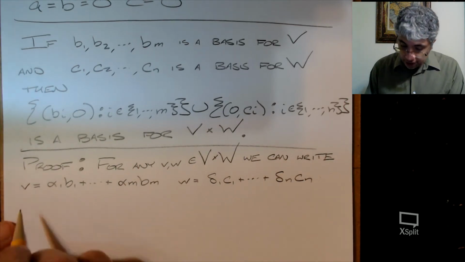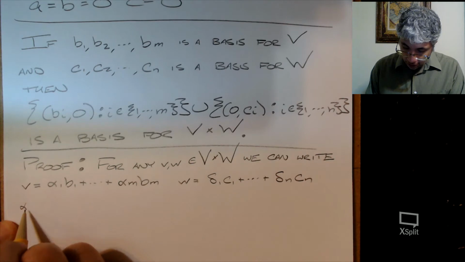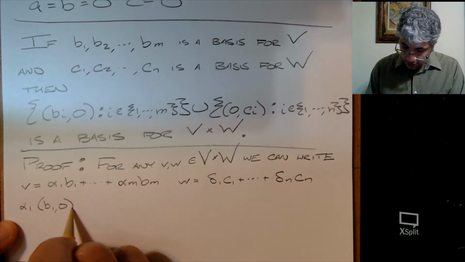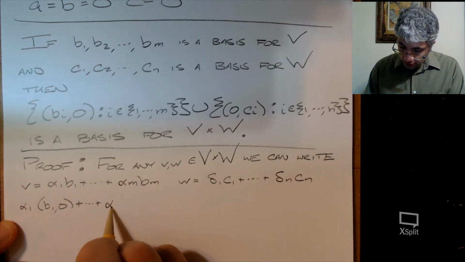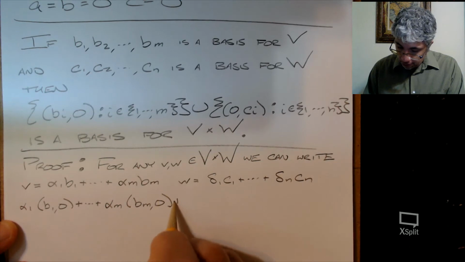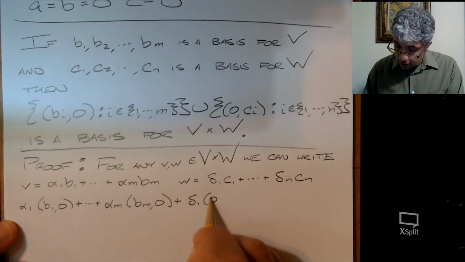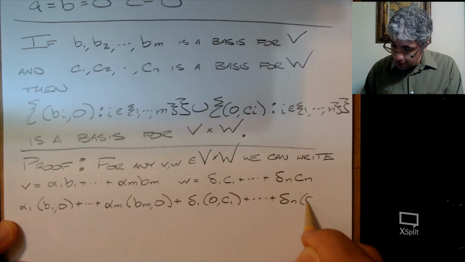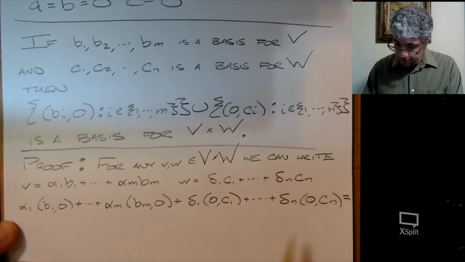And then what could I do? Well, I could take alpha 1 (B1, 0) plus all the way through alpha m (Bm, 0) plus delta 1 (0, C1) all the way through delta n (0, Cn).